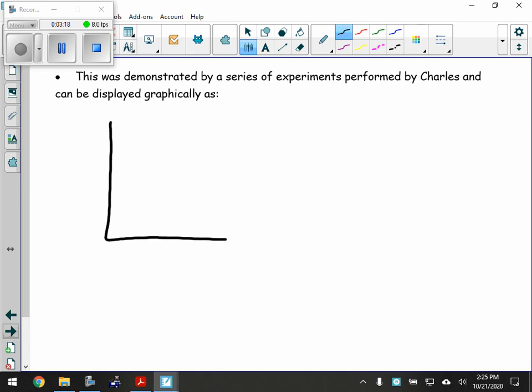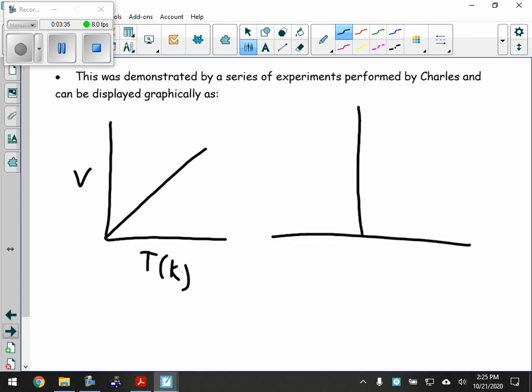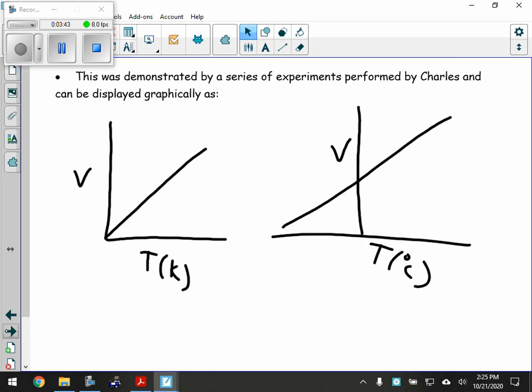Now, this is demonstrated graphically. You need to know both of these graphs. Absolutely. This one is temperature in Kelvin and volume. That's one of the options you're going to see. And the other one's going to look a little something like this: temperature in Celsius and volume. Make sure you know both. Both are important. Okay.